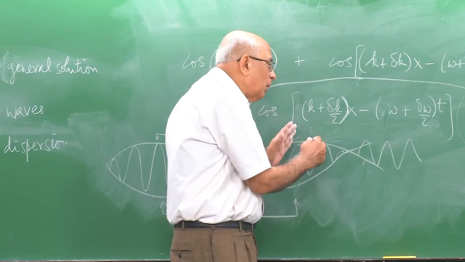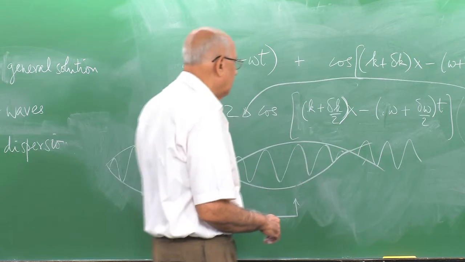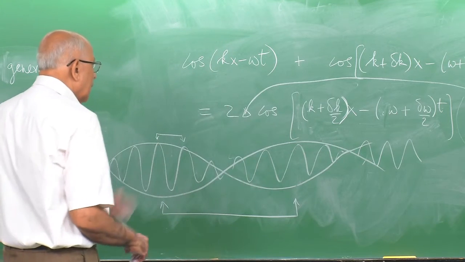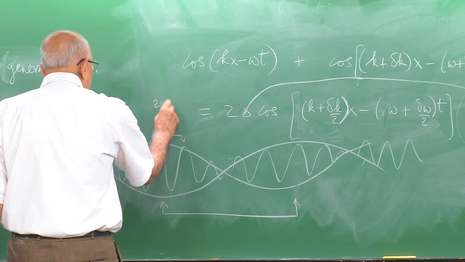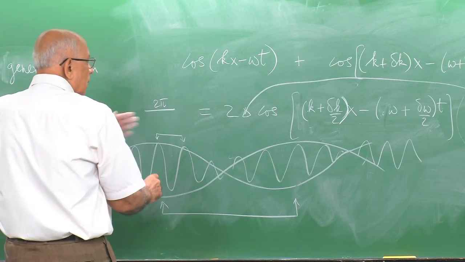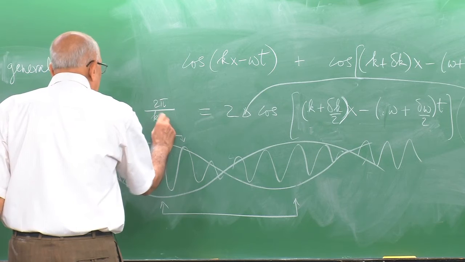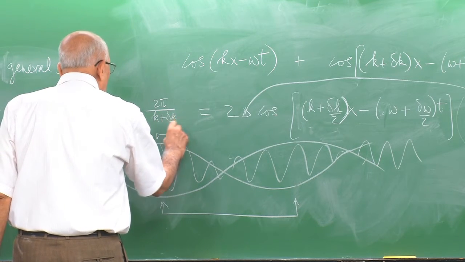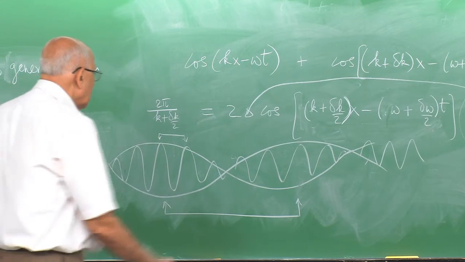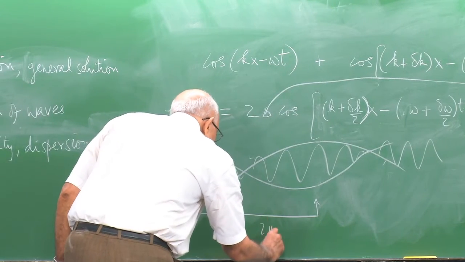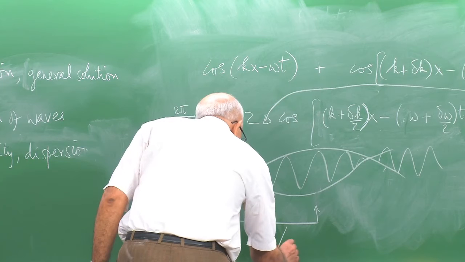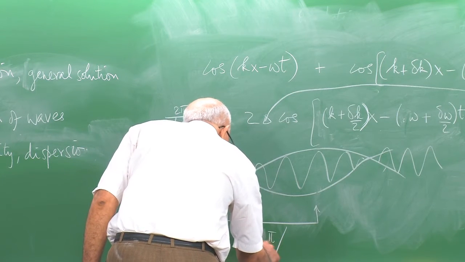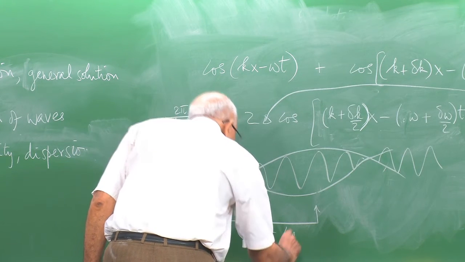So it is the mean between k and k plus delta k, that is k plus half the difference here. So this is 2 pi over the corresponding k. On the other hand, this is 2 pi divided by that wave number, which is therefore 4 pi divided by delta k.